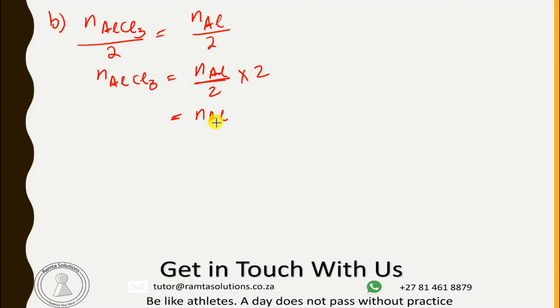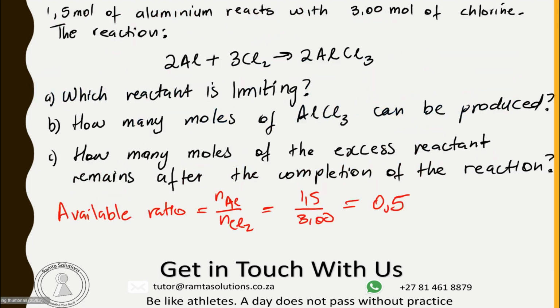So number of moles of aluminum trichloride is equal to number of moles of aluminum. How many moles of aluminum did we feed? 1.5.